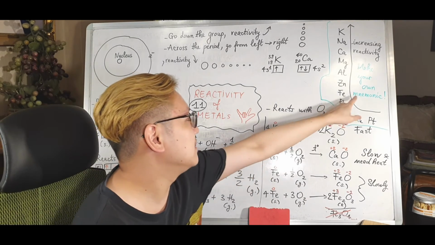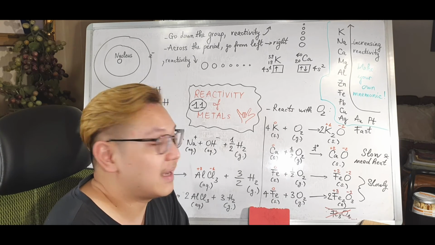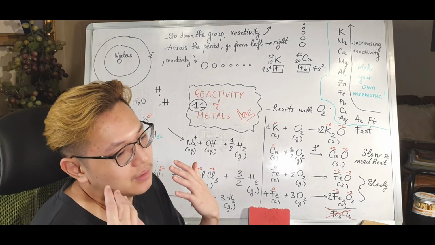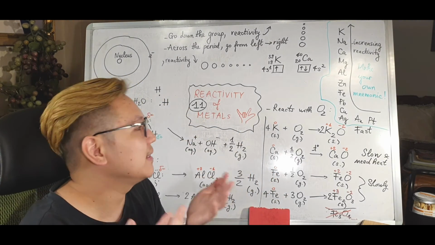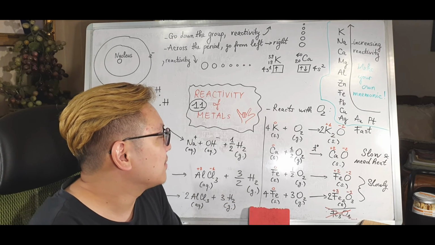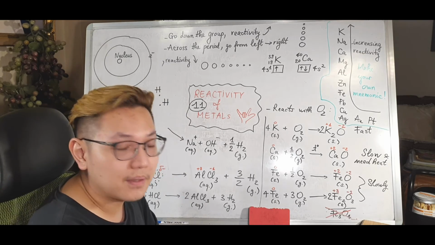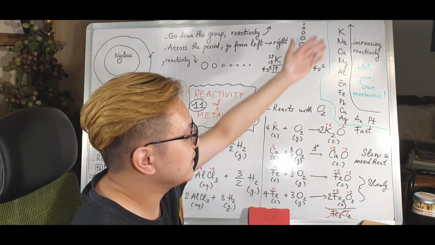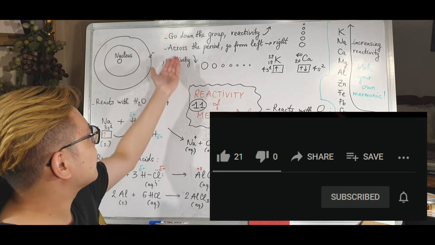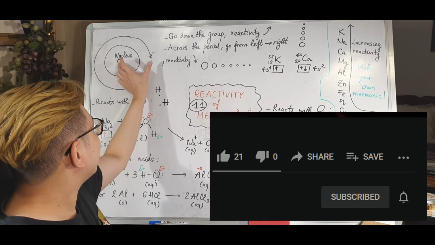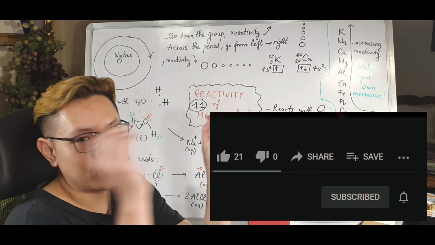Well, you can make your own mnemonic. I know one in Vietnamese already, but every country or every group of students can use their creativity to create their own mnemonic. And of course, you can explain this reactivity series of metals in the same way that I explained these two sentences: the distance between the outermost shell and the nucleus, whether it increases or decreases.